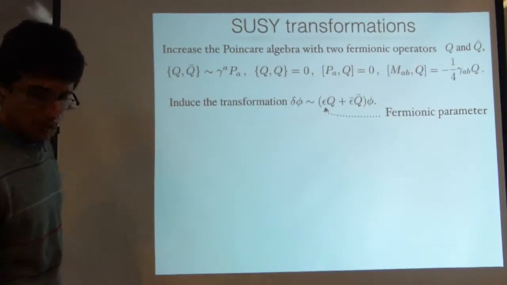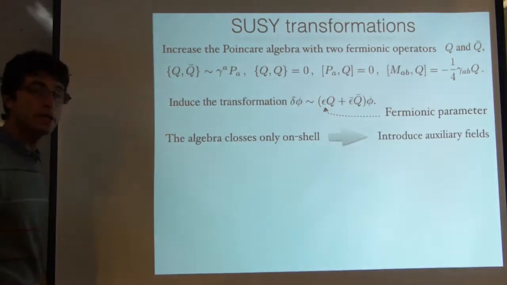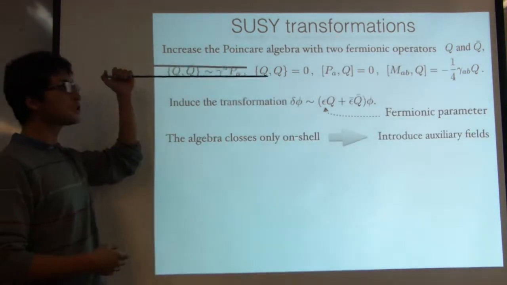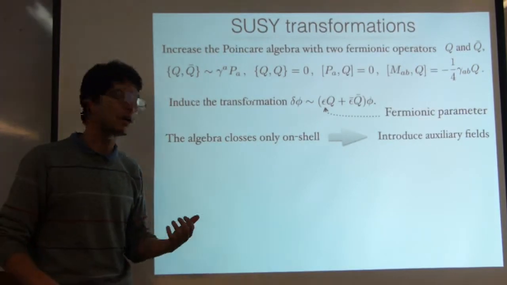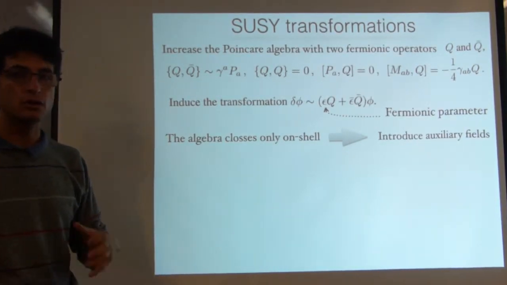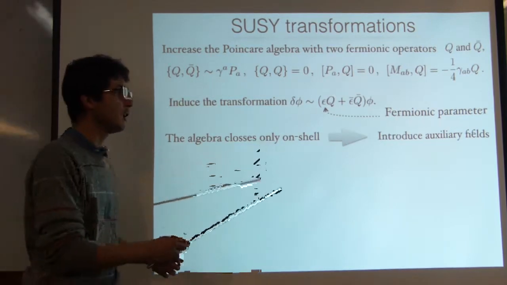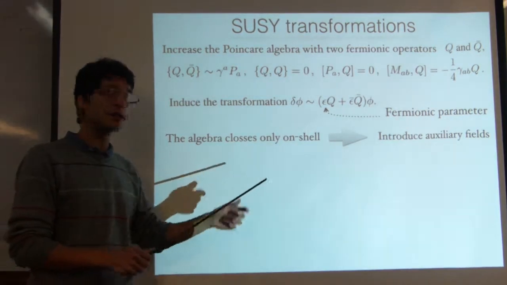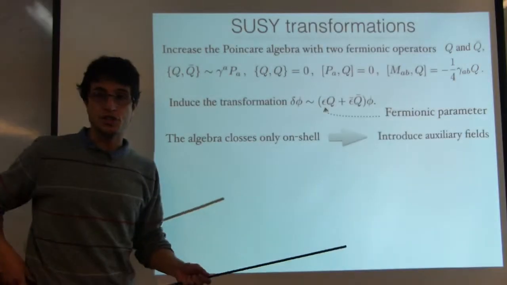So with this, you see you have an enlarged algebra, but when applied to the fields, you see that the algebra doesn't close off shell. Sorry, it only closes on shell.